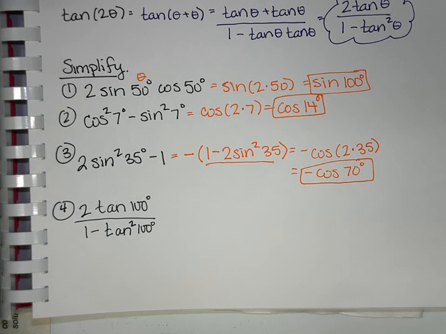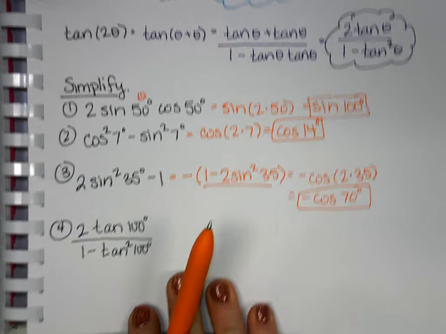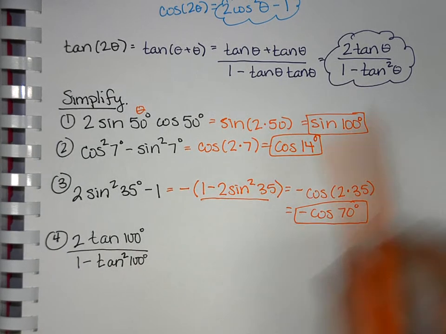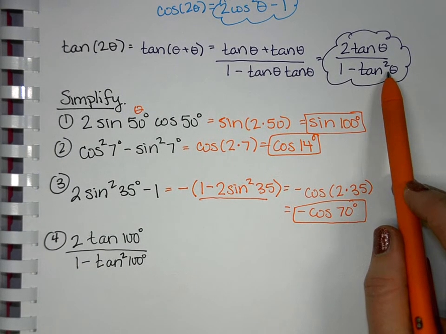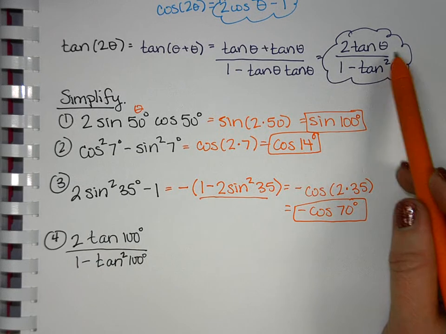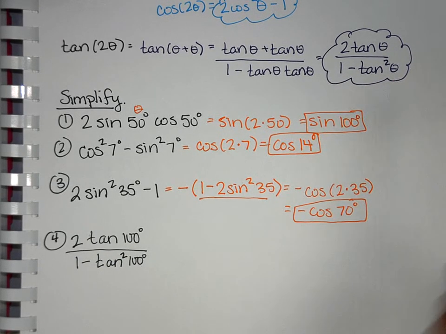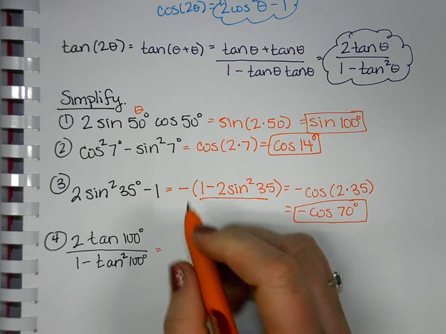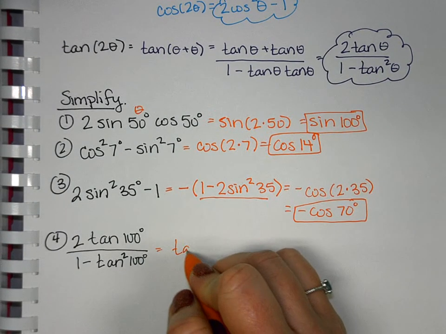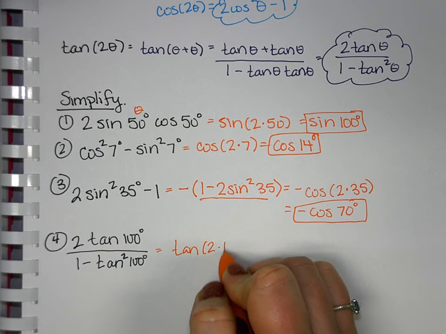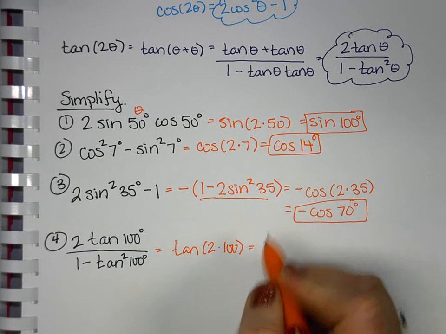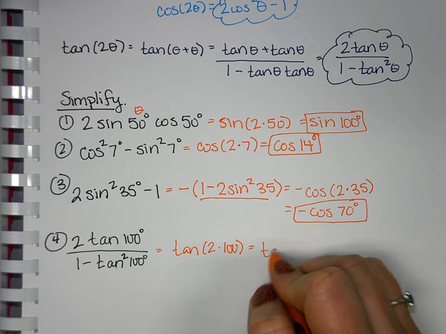One of the nice things about tangent is usually your formulas that contain a tangent have to come from a tangent. So I'm going to double check, does this match my rule for tangent 2 theta exactly? 2 tangent of my angle over 1 minus tangent squared of my angle, it does. So that means I can rewrite this as tangent of 2 times 100, which means I'll have tangent of 200.